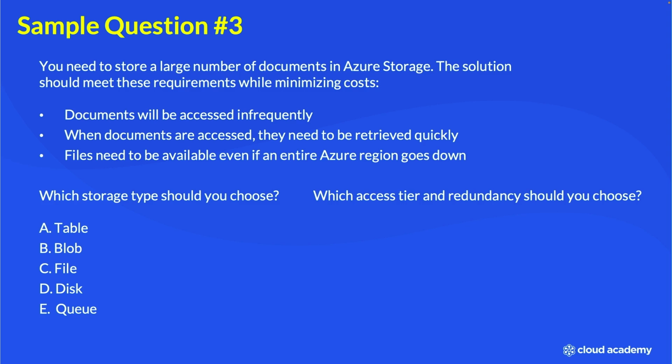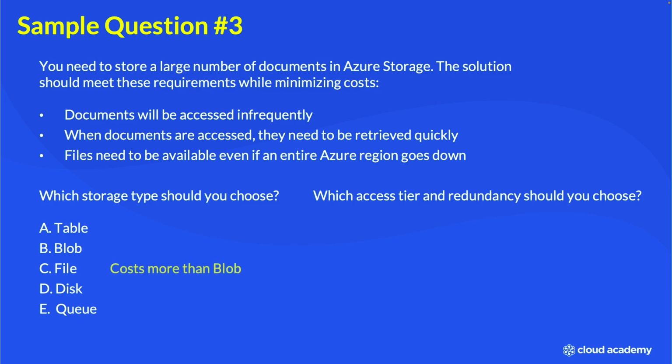So if on Windows you needed to map a drive letter to a network drive, you could do that with Azure Files. Blob storage is different because it's not a hierarchical storage solution. That means you don't have a tree of folders and files, folders and subfolders and all that sort of thing. Blob storage is just flat storage. It's just sort of this random collection of files. And it also doesn't support the network file sharing that Azure Files does.